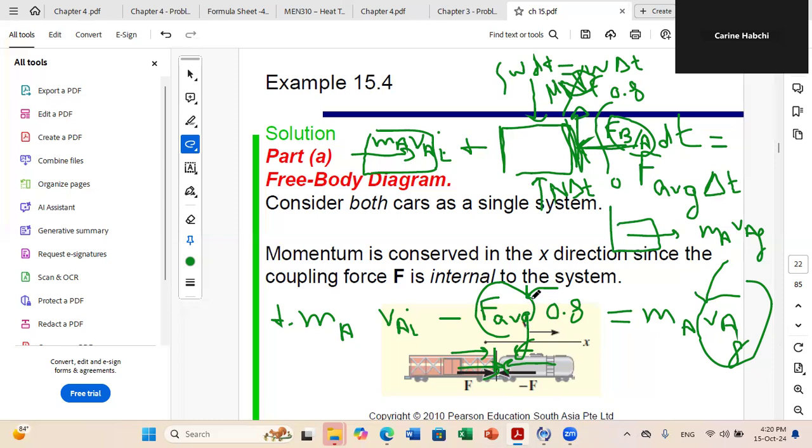Okay? If you take B as system, it's exactly the same approach. But now if you take B, you take F to be opposite, because the action of A on B is opposite to the action of B on A. So if you take B as a system, your average impulsive force will be acting in the positive direction.